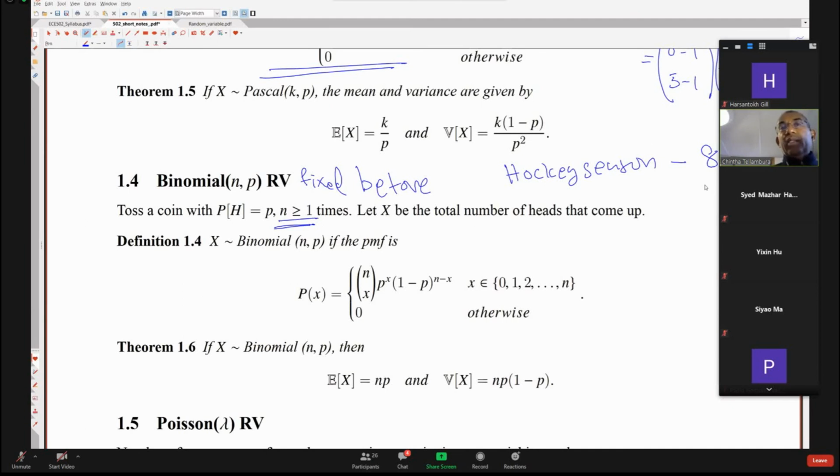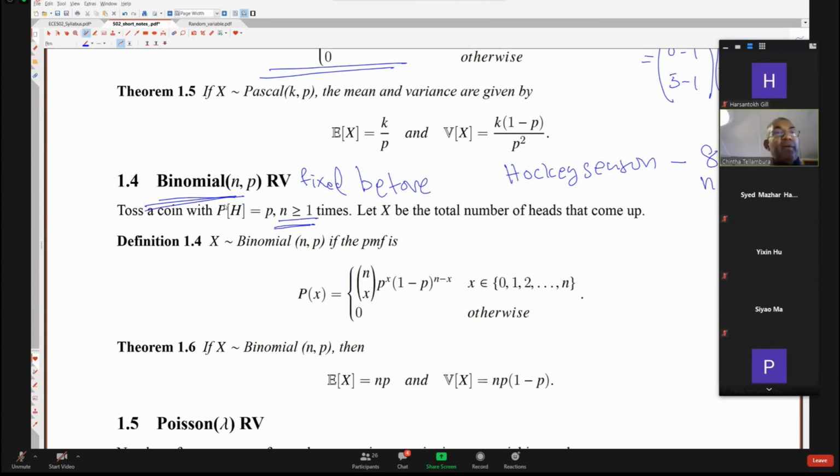So N is 82, right? So this is fixed beforehand. During these 82 games, you may win some, you may lose some. That is a random number. But the number of trials or experiments, the number of times it's run, is fixed beforehand. So that's what we mean by a binomial random variable.